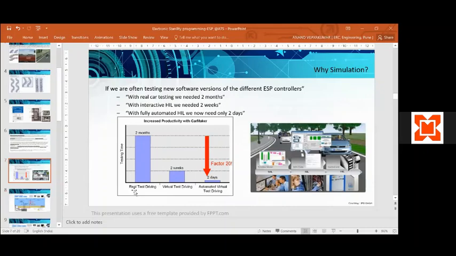If you look at real testing time, instrumenting a vehicle and conducting a test on a track, versus simulating a virtual vehicle in a simulated environment, there is a difference in time. As a thumb rule, what takes 2 months in real-world testing will take 2 weeks in simulation, and with automation it can be reduced further.